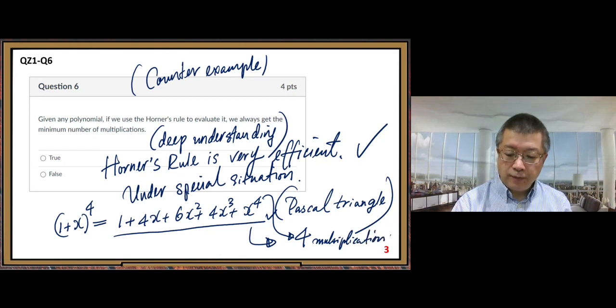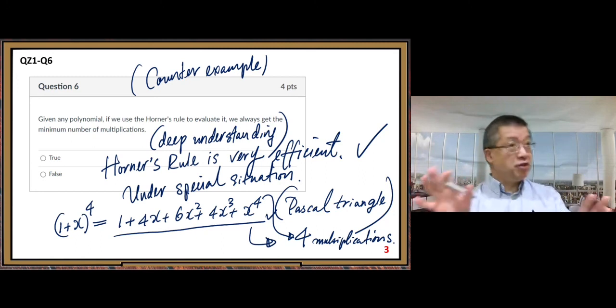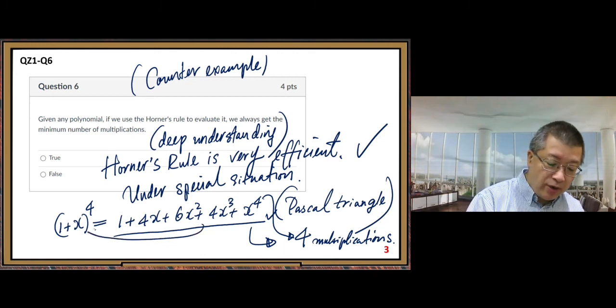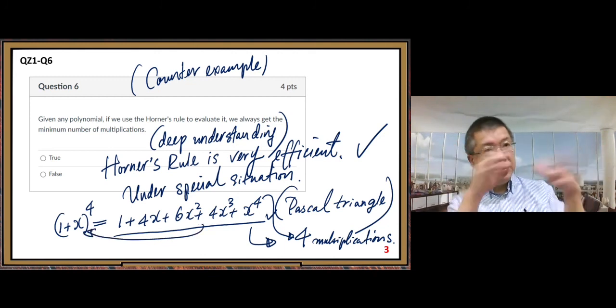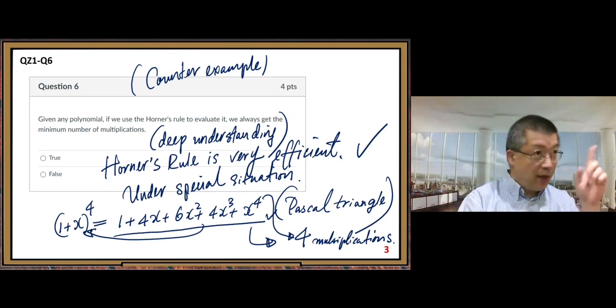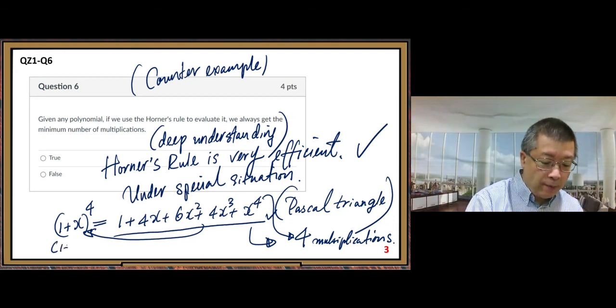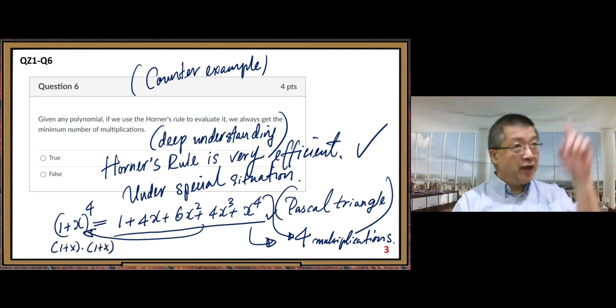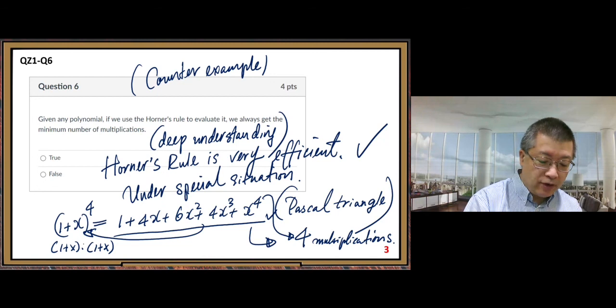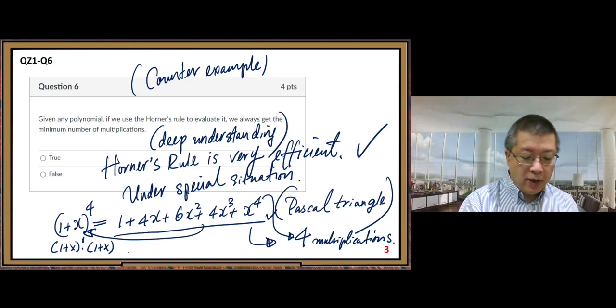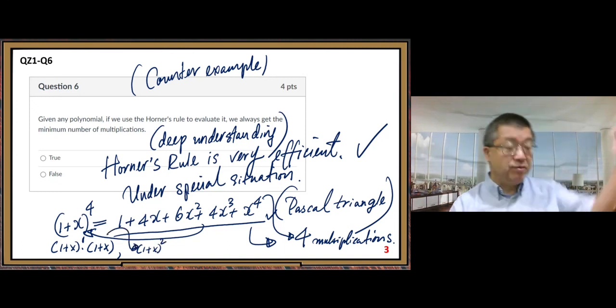But we know this is a special case, not the general one. This polynomial can be written as 1 plus x to the fourth. Now 1 plus x times 1 plus x, that's 1 multiplication, the first multiplication. The second multiplication is 1 plus x squared, because we already have the value from the first multiplication.